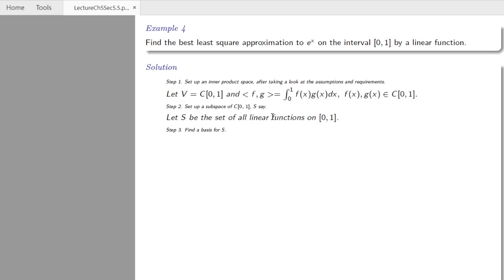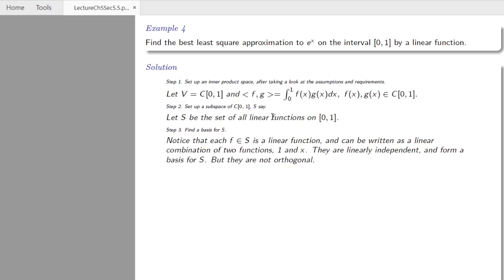That is, for example, the base consists of vectors 1 and x, because each linear function we can write as a constant plus a constant times x, so this is a base for subspace S. But here, these two vectors are not orthogonal.